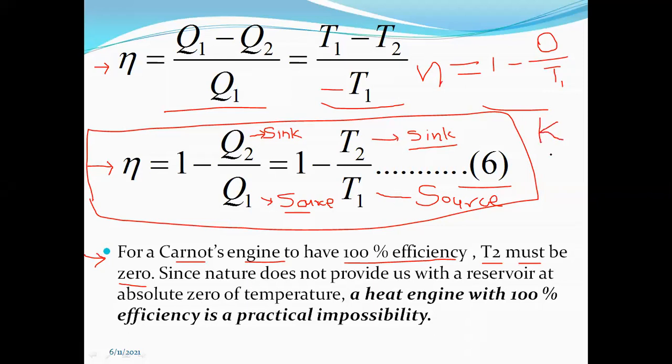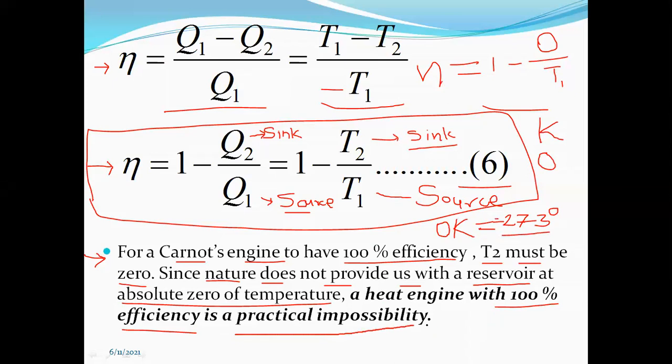So 0 Kelvin means how much degree Celsius? Minus 273 degrees Celsius. Nature does not provide us with a reservoir at absolute zero temperature. Absolute zero means 0 Kelvin, which is equal to minus 273 degrees Celsius, which is impossible. Therefore, a heat engine with 100% efficiency is a practical impossibility.